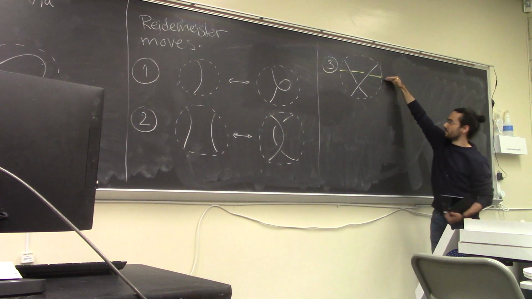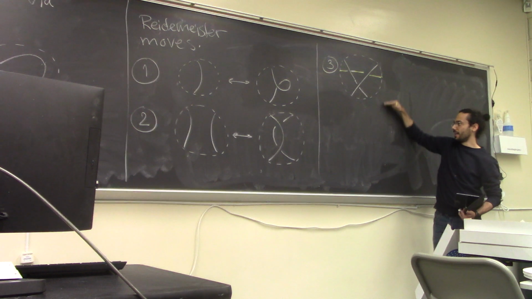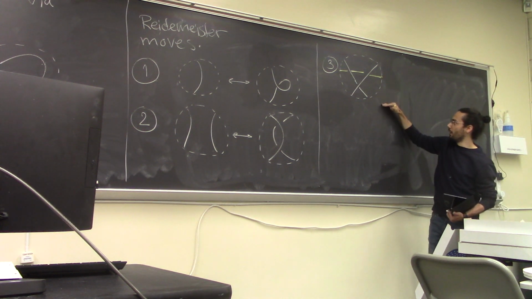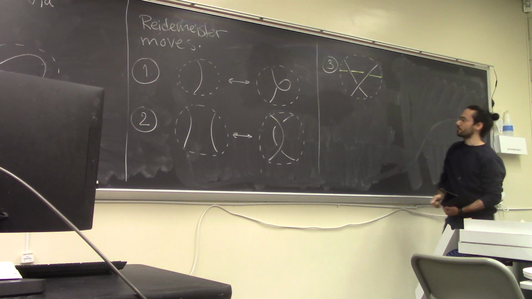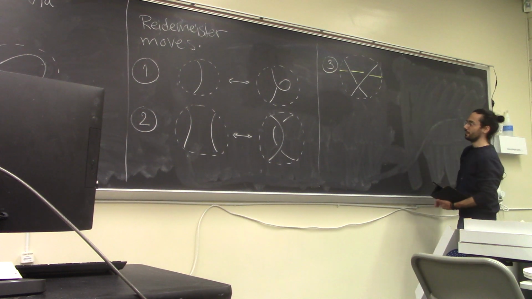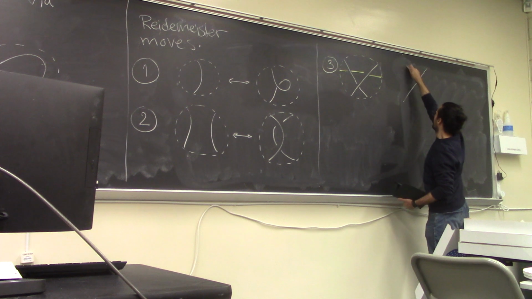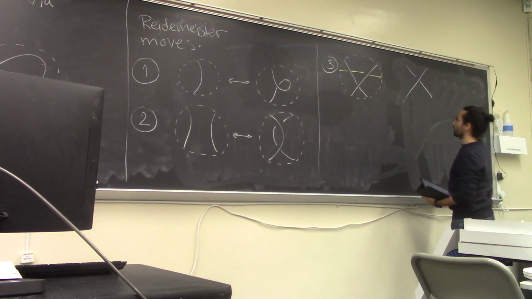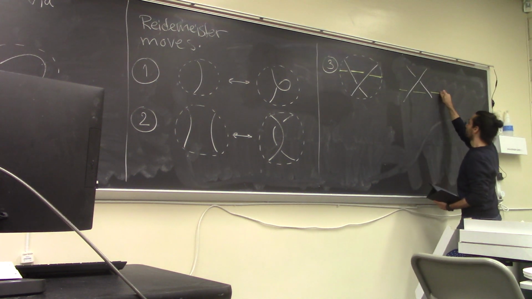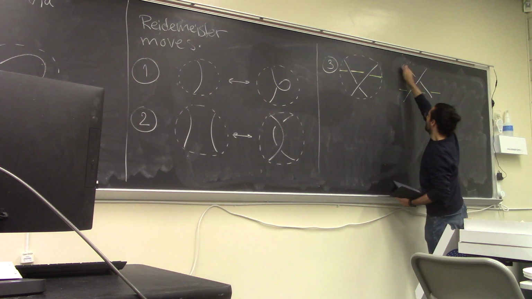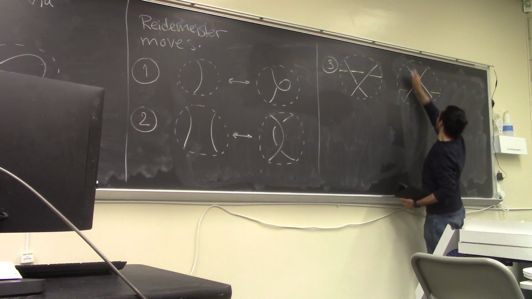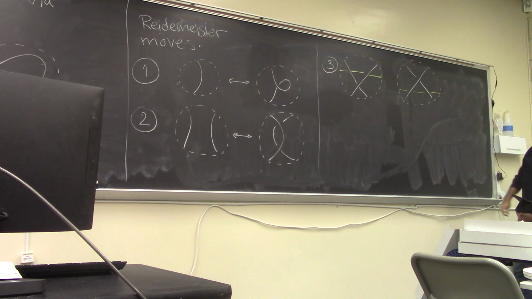I want to move this yellow strand behind this crossing. So I want to move it down and pass through this crossing somehow, but it's behind everything. So the picture after I move the yellow strand is going to be like this. Okay. So this is the third move.